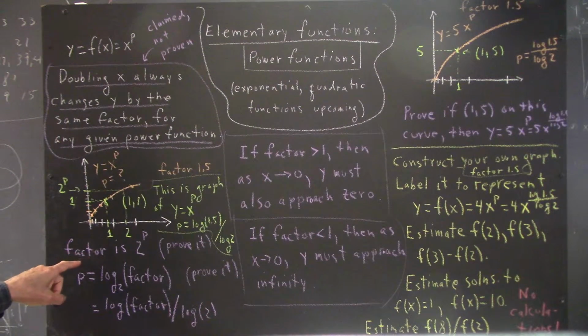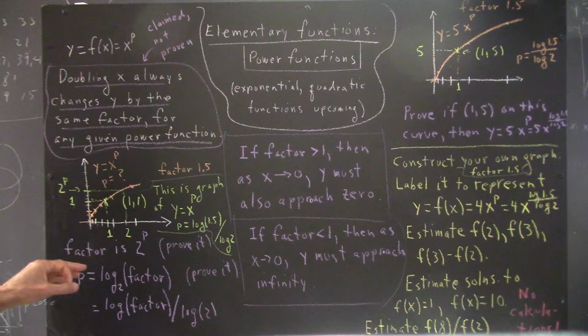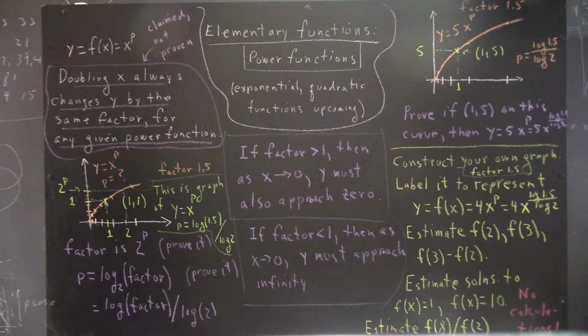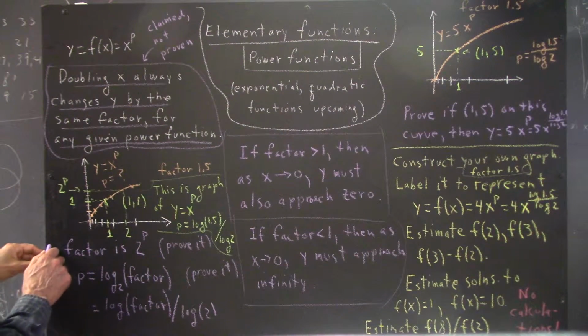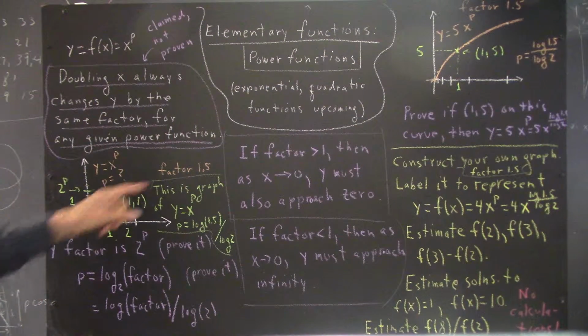Okay? Here I say the factor on this graph is 2 to the p. Okay, if p is the power, the x to the p power, then the y factor is 2 to the p. And maybe I should extend that to say that the y factor, but the only factor we've talked about or used the word factor with is this factor.